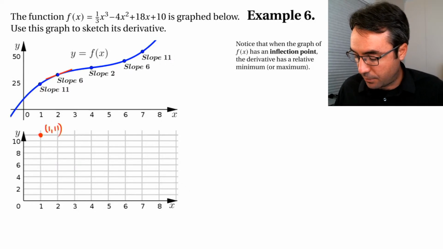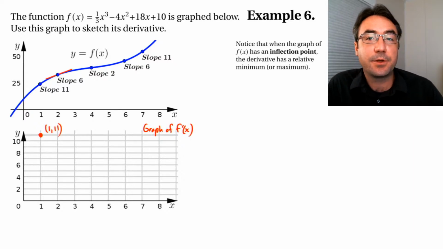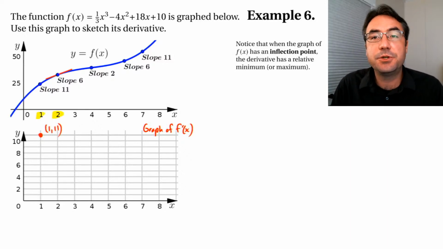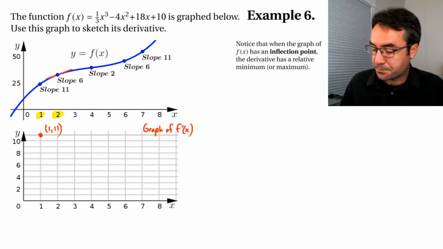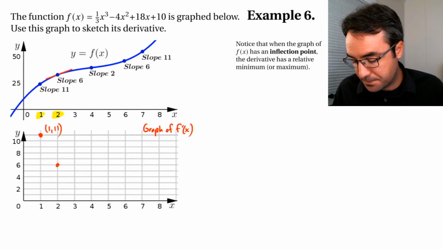So this is going to be our graph of f prime here. So that means (1, 11) must be on the graph of f prime. If we go to x equals 2, we estimate that our slope is equal to 6 there. So let's plot (2, 6) on our graph.